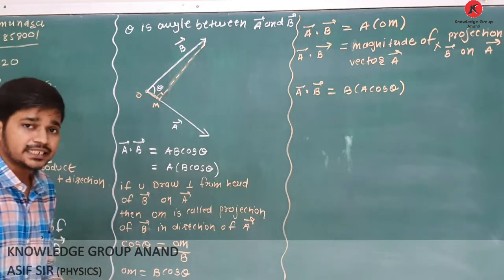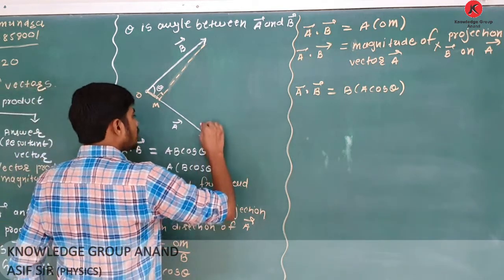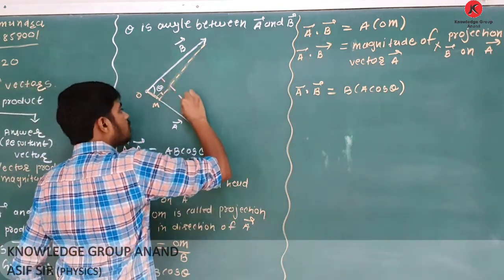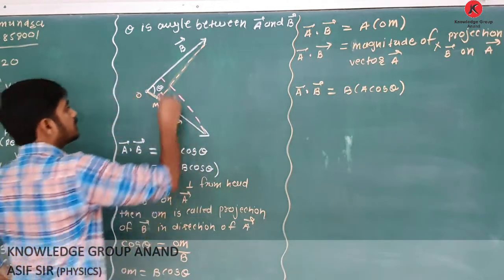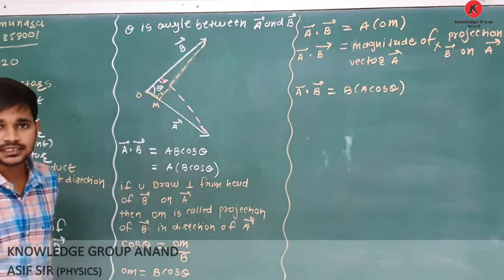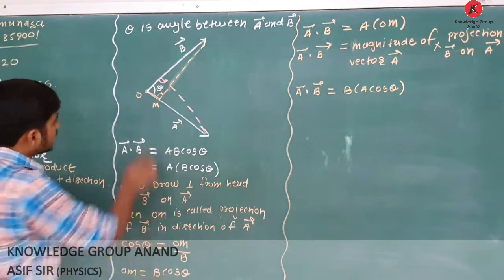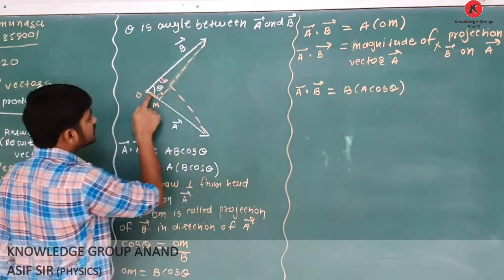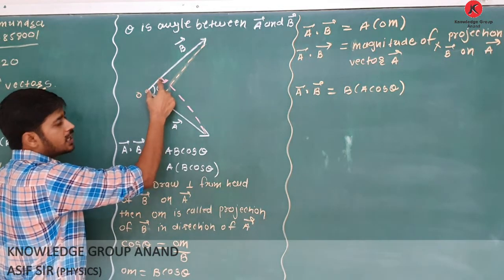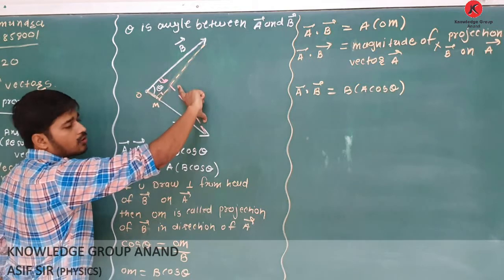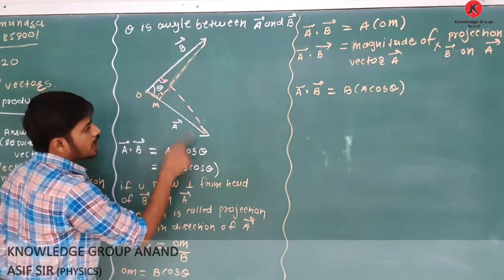See here, if I draw a perpendicular from the head of vector A on vector B like this, then in this triangle this angle is theta, so it is the adjacent side, it will be the opposite side and it will become the hypotenuse.